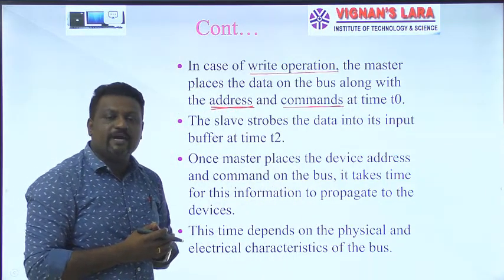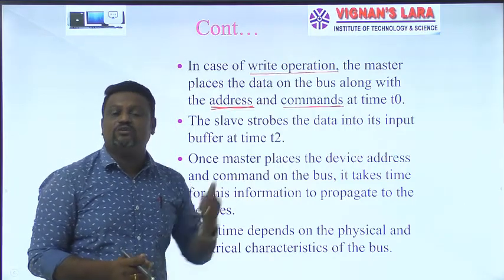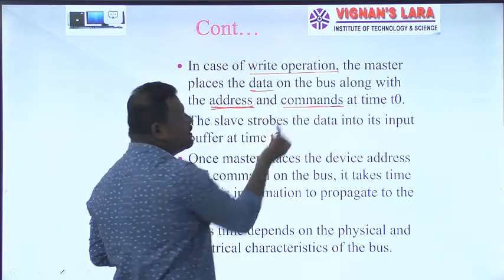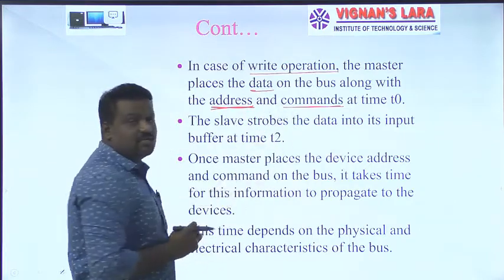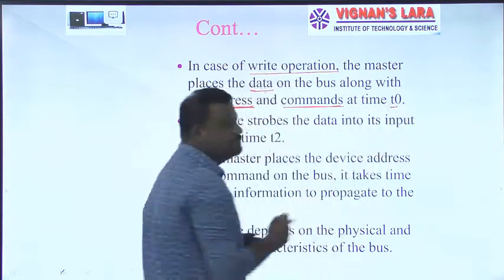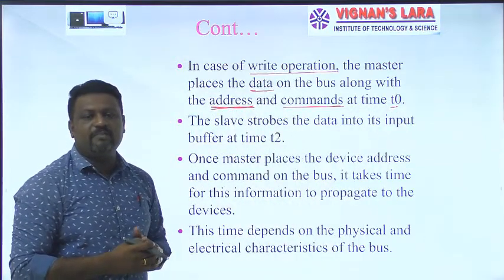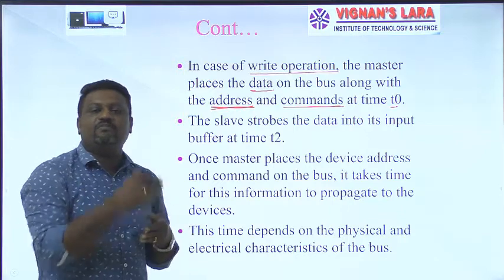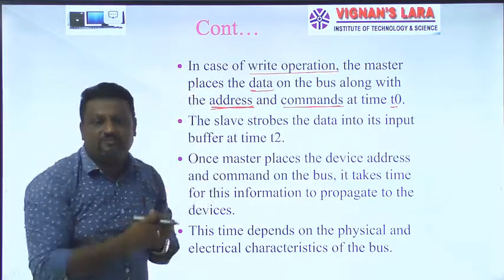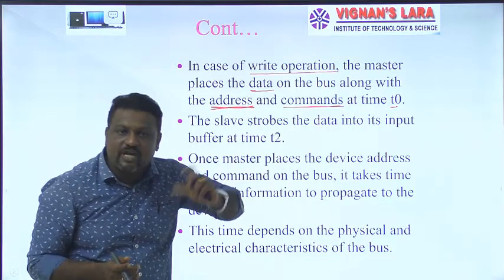And at the same time, I am going to transfer my data to the slave. For that purpose, I place the data, address as well as commands over the bus at a time instant T0. At time instant T0, I place these three different pieces of information on the bus. Because in my system bus, I have three varieties of lines: address lines, data lines, and the control lines.